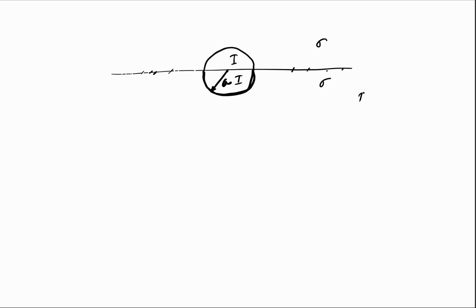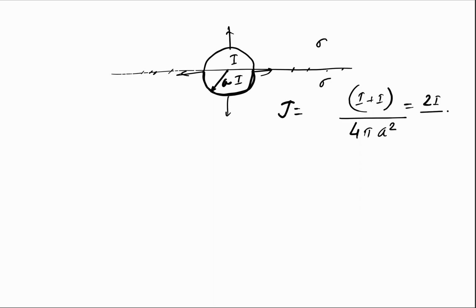So total current will be I plus I, and by symmetry, the total current will be uniformly radiating out from this sphere. So the area will be 4 pi a square, and the current density will be 2I by 4 pi a square, or I over 2 pi a square, in the radial direction.